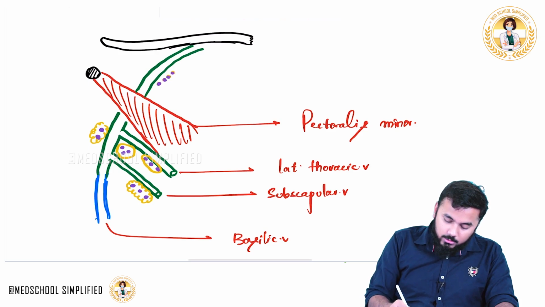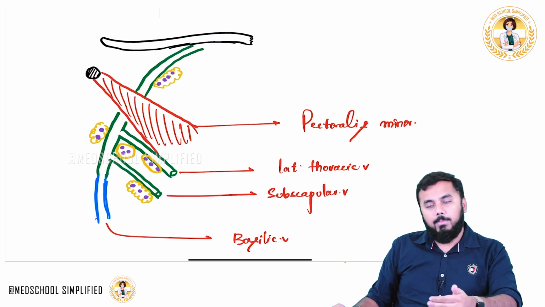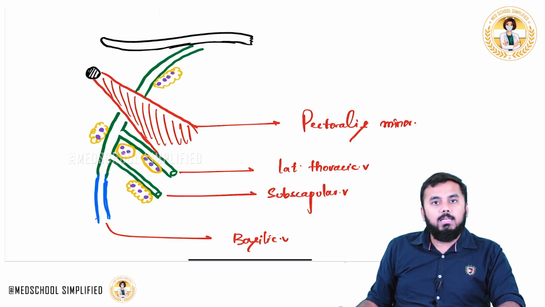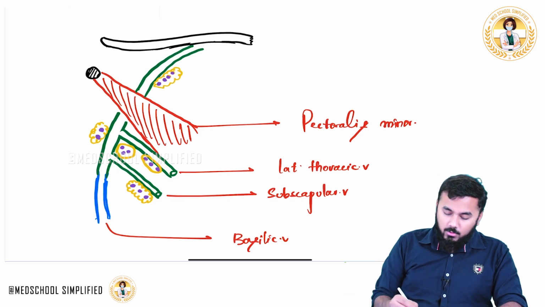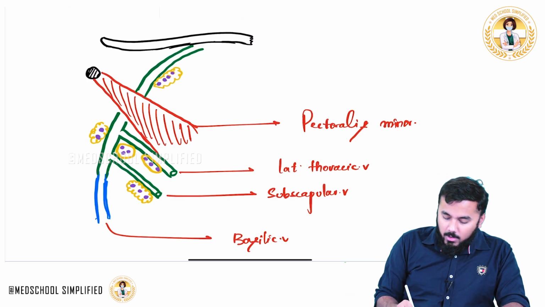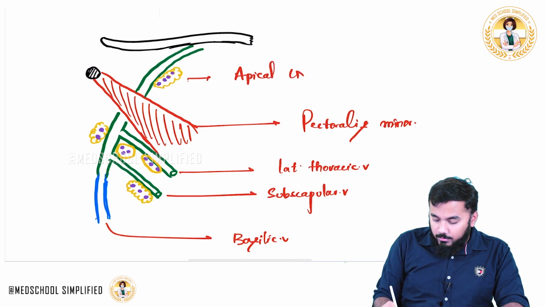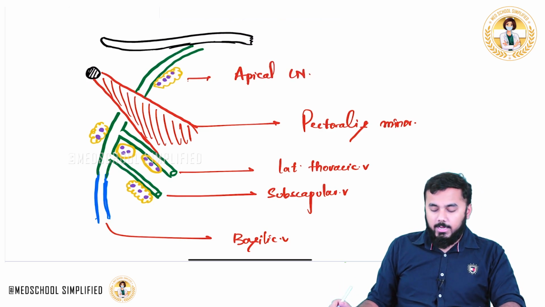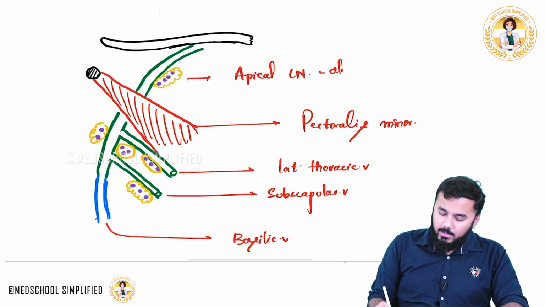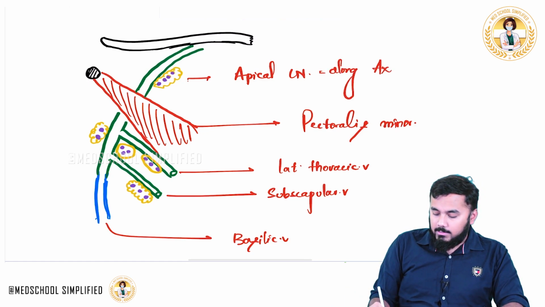These are called the apical group of lymph nodes. They are along your axillary vein.